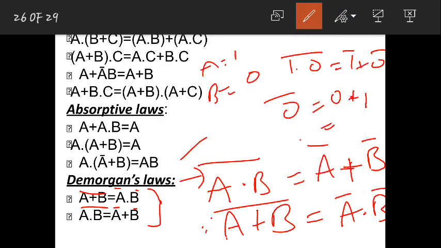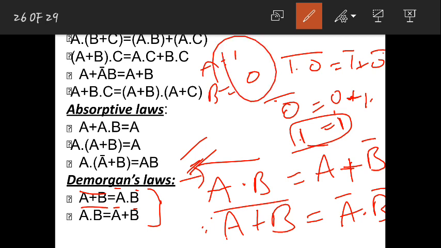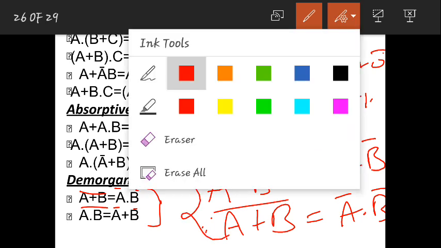So this is plus, not dot. One's complement became 0 and 0's complement became 1. So 0 or 1 is nothing but 1. Here the complement of 0 means you will get 1, and 1 is equal to 1. For this I have solved it. Same way, take different variables and try for both, you will get the answer. This is De Morgan's law.